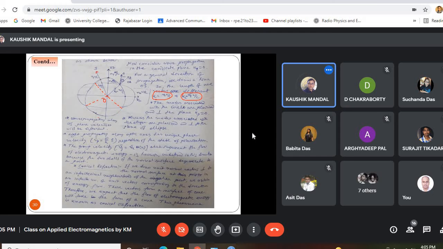That thing we have already discussed. So if any light or any electromagnetic wave is passing through a biaxial or uniaxial crystal, but the light is not propagating along the optical axis, then it will face two different phase velocities.